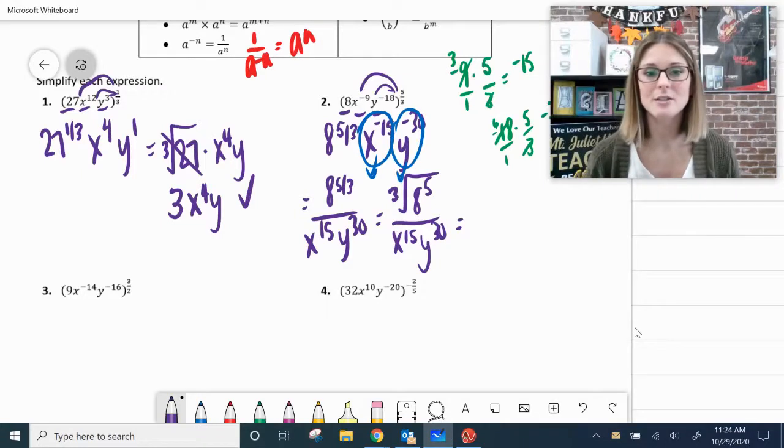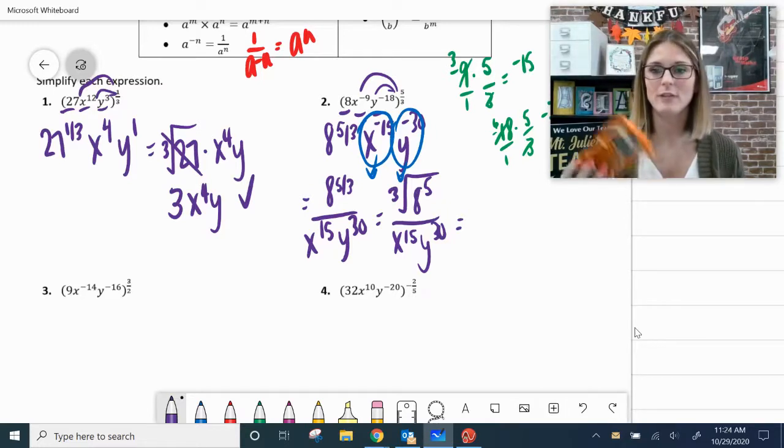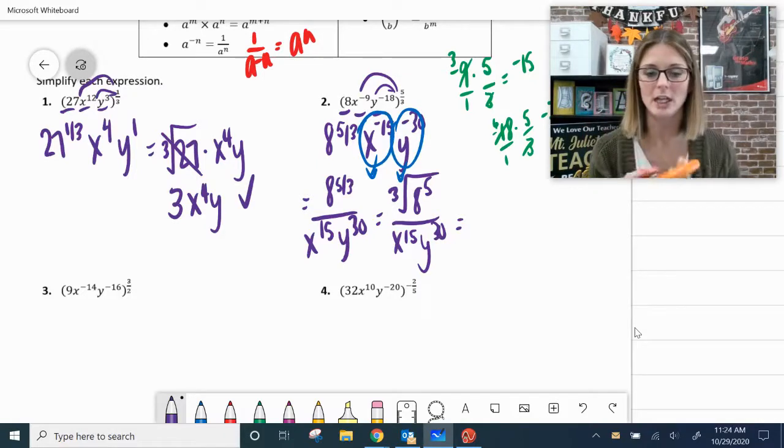Okay, so let's continue to simplify. I don't know if you know the cube root of 8 to the 5th, so let me talk about a couple ways you can handle this. One, if you have a more basic calculator, like this TI-30X2S, you can calculate the cube root of 8 to the 5th on this calculator. You first have to type your index.